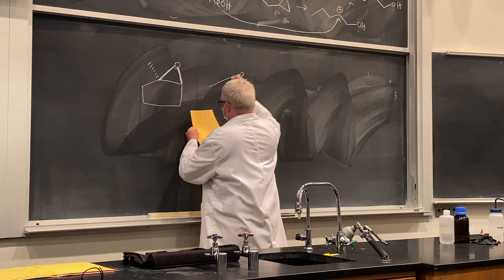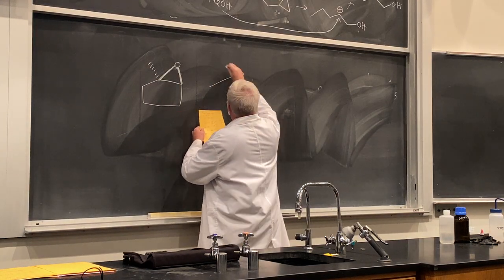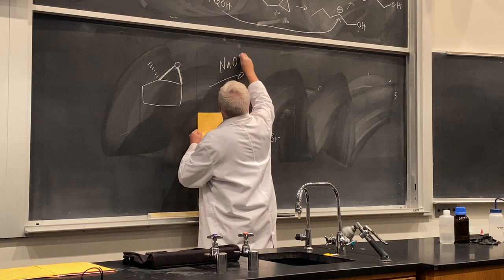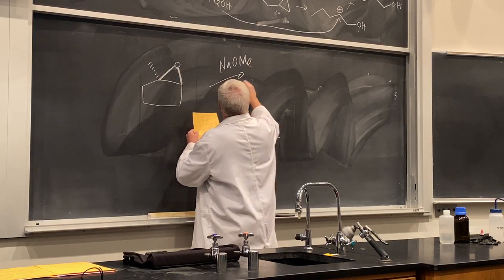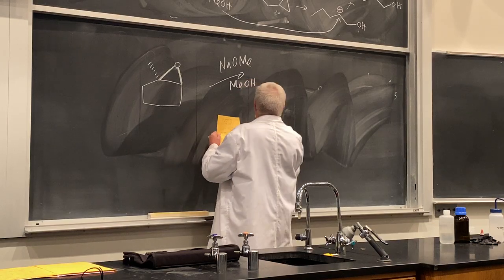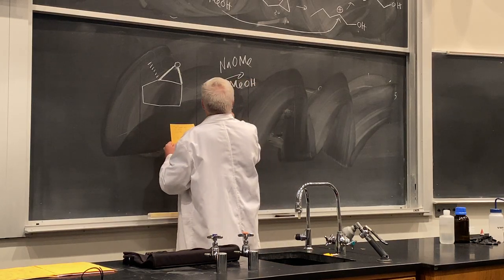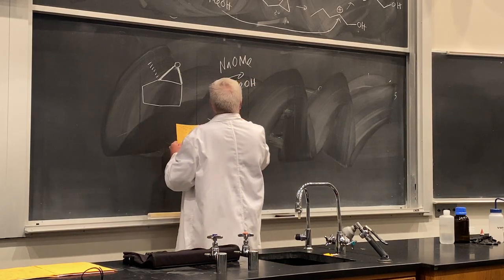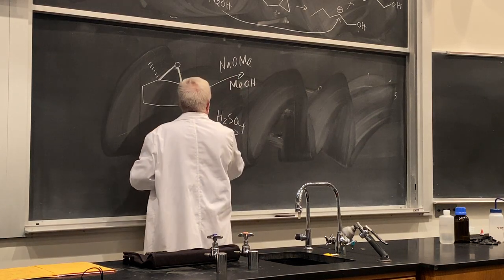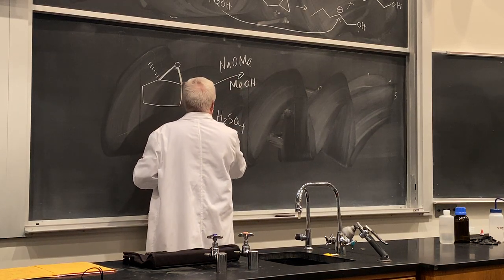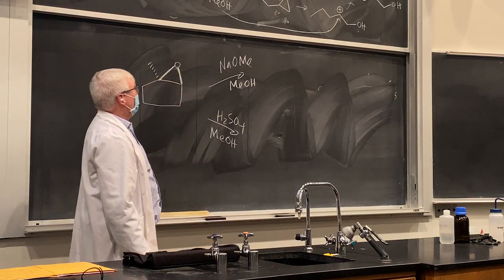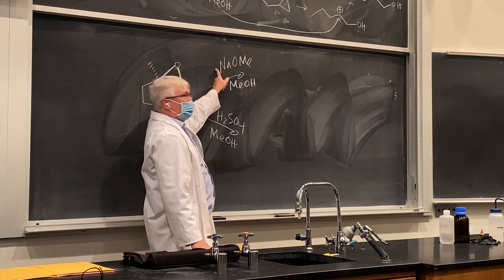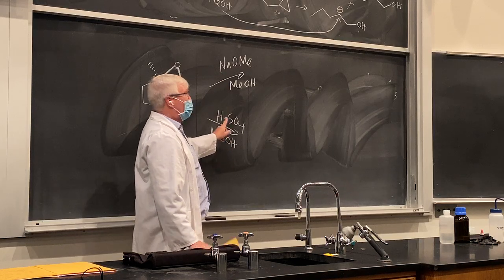Let's do the one here where we're reacting it under sodium methoxide conditions in methanol. Okay, and let's do the one where we're reacting it under acidic conditions in methanol. So the solvent is the same, methanol, but here we have the methoxide charged nucleophile. Here we just have acid.